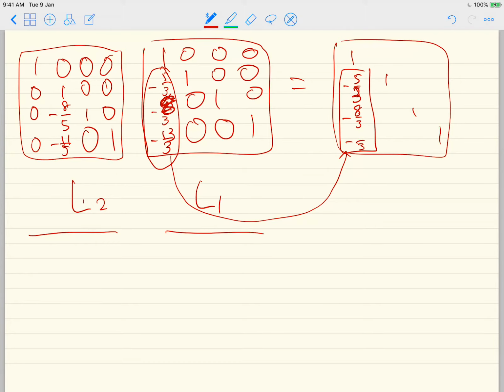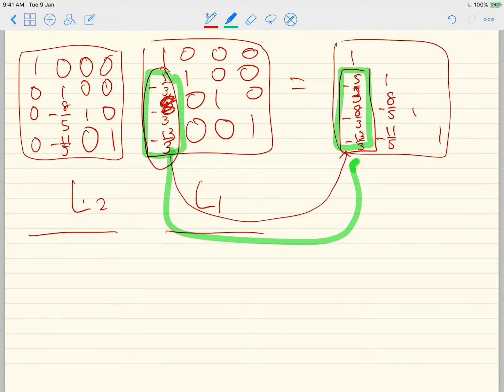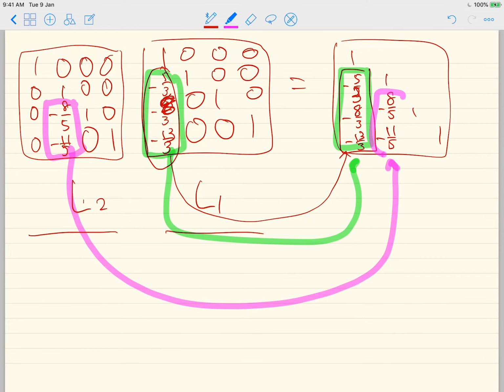I mean, the actual numbers are not that important, but the point is we are just copying it through this part, and then we also copy this part into this part. So here the main point is that we don't actually need to compute the actual matrix multiplication between these two to obtain the product of L2 and L1.